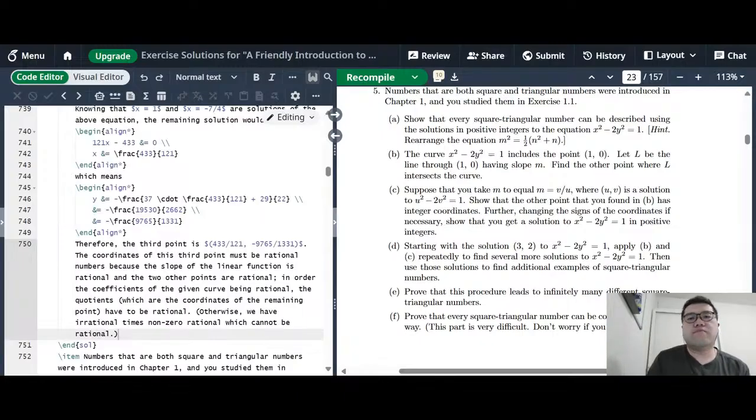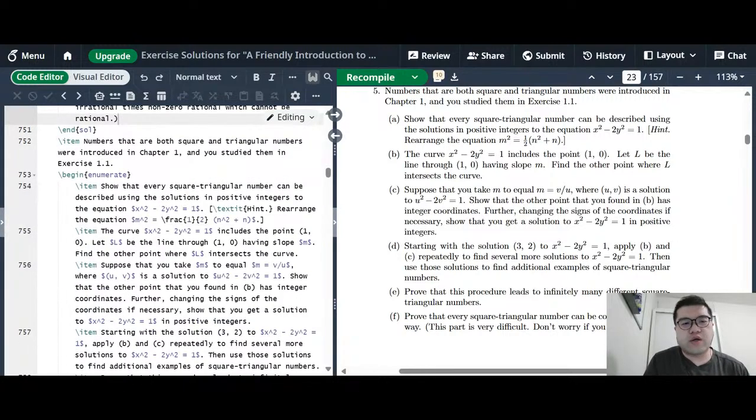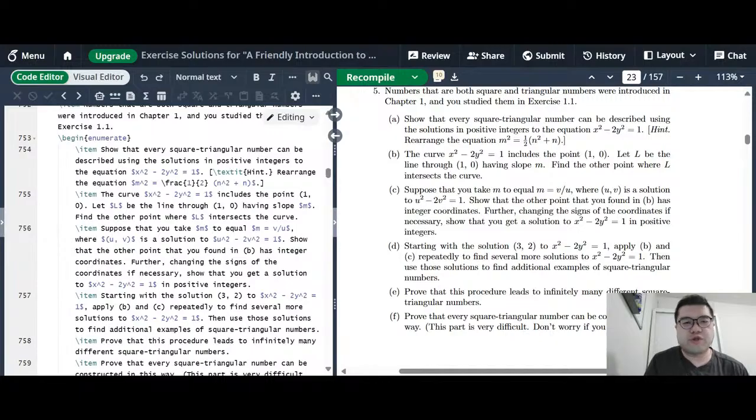So this time we have 6 parts, and we're going to solve all of them and finish this chapter. Part A: show that every square triangular number can be described using the solutions in positive integers to the equation x squared minus 2y squared equals 1.